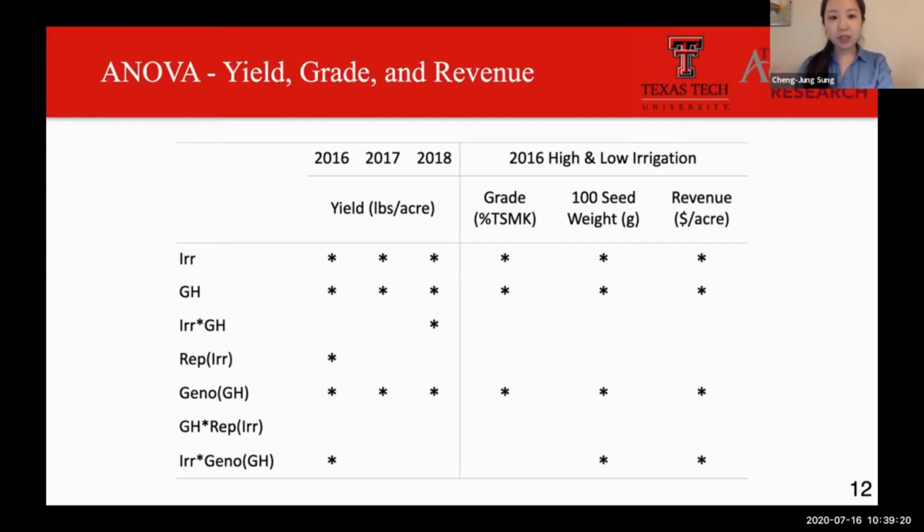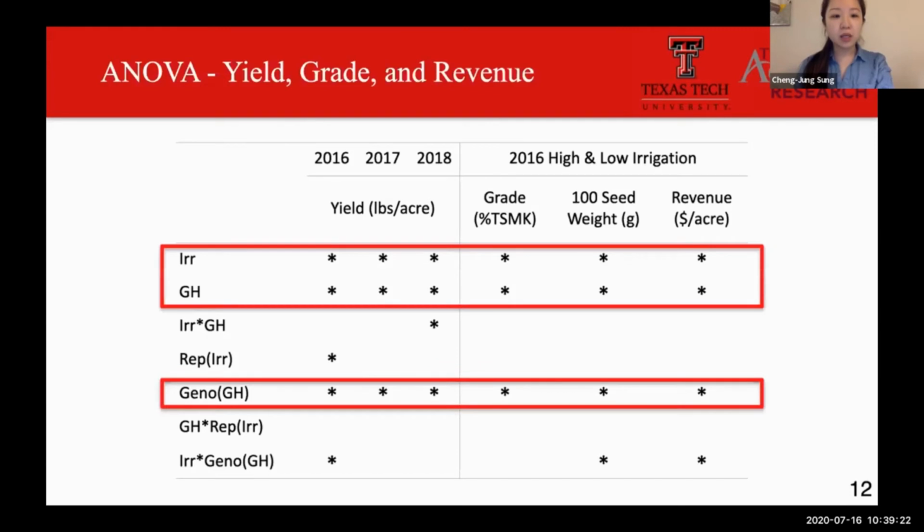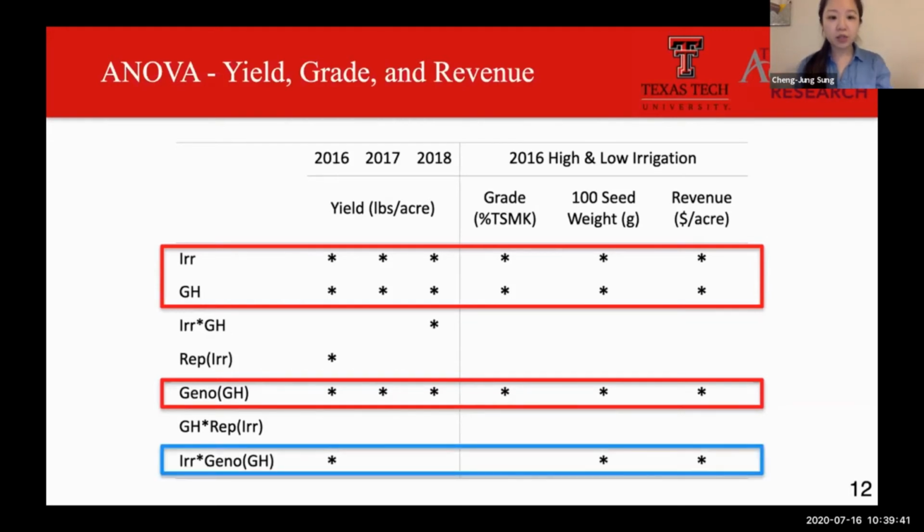From this table, we notice that these three that I circled, which include the three fixed effects, irrigation, growth habit, and genotype, still have a significant effect in the model. And here's something interesting that I circled in blue.